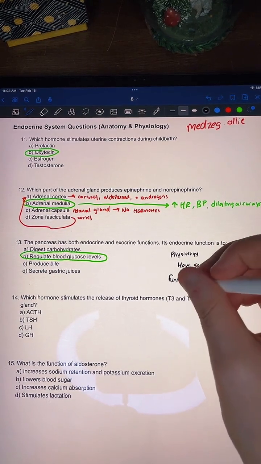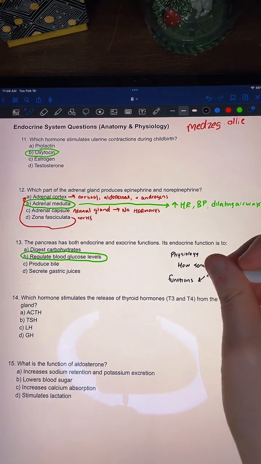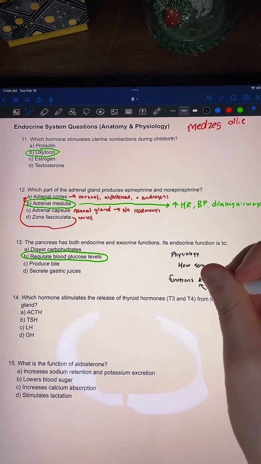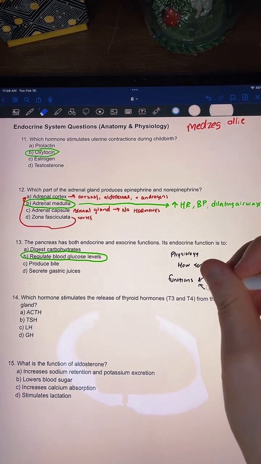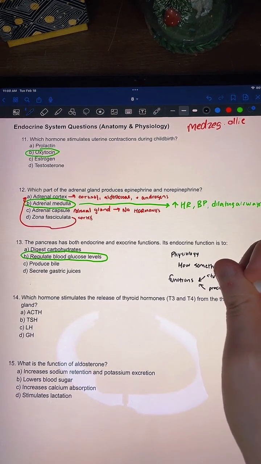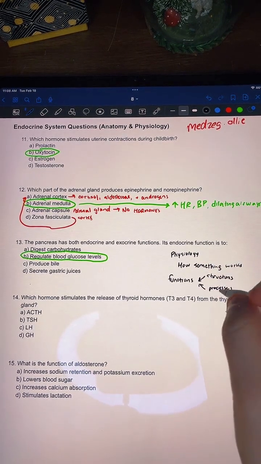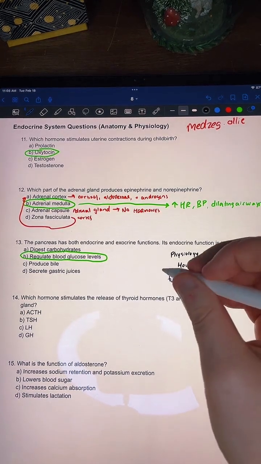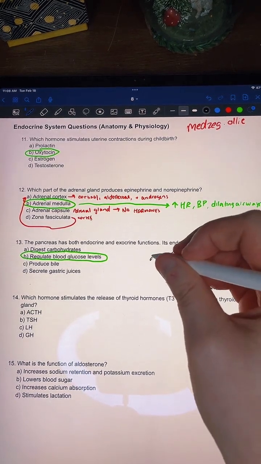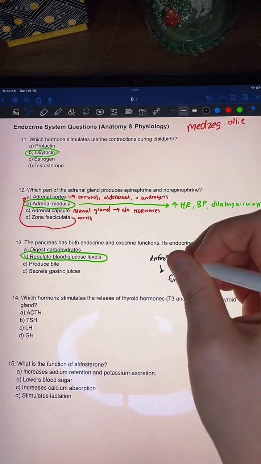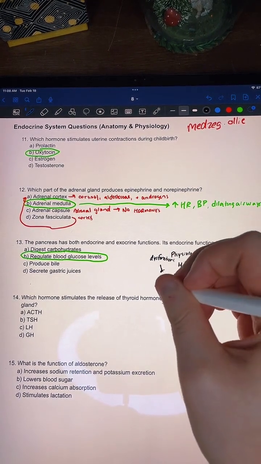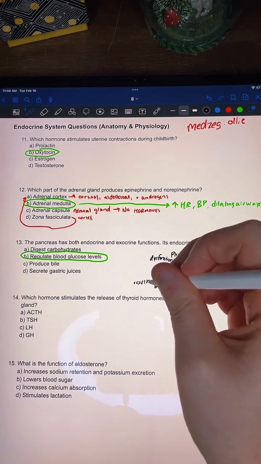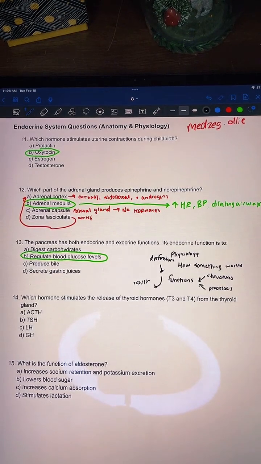So what structures and processes contribute to these functions? That's how you should focus your studying in anatomy and physiology. Structures, processes, and how do they contribute to proper functioning? What would cause dysfunction? And then what's the result of dysfunction? That's how you should really focus your studying in anatomy.